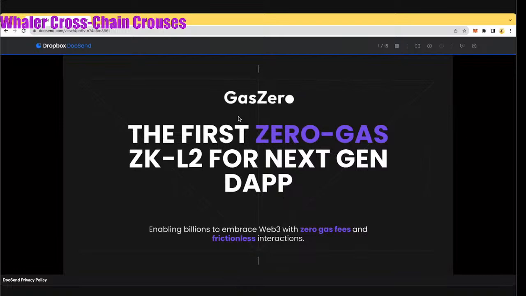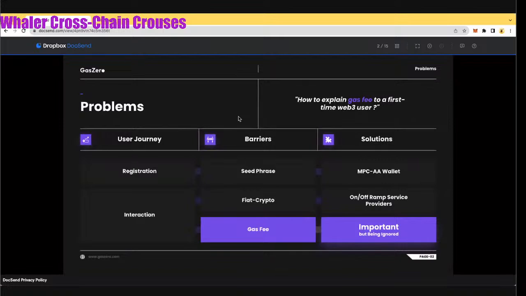So first of all, I'd like to open the presentation with the problems which we are facing in the Web3 world. The first is the barriers we have right now in the market, which are not giving us the possibility to bring more users and more mass adopters to the market. The first thing is registration of accounts.